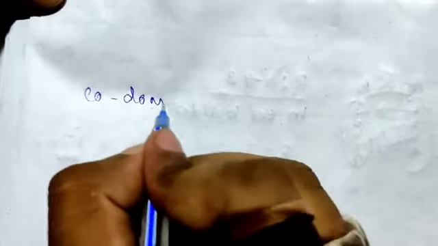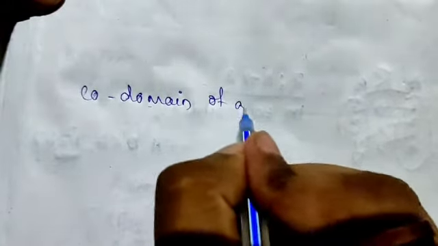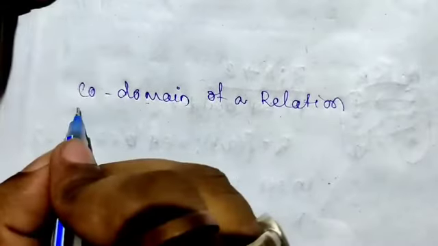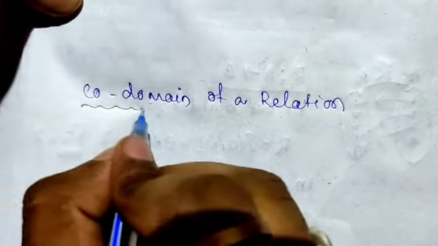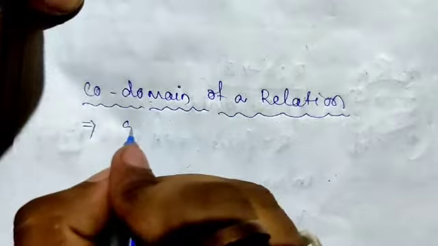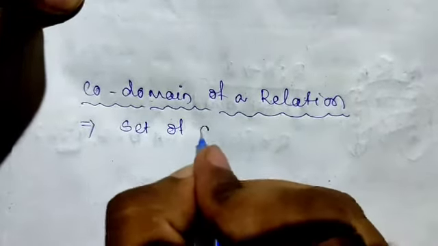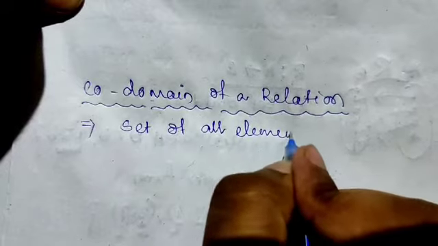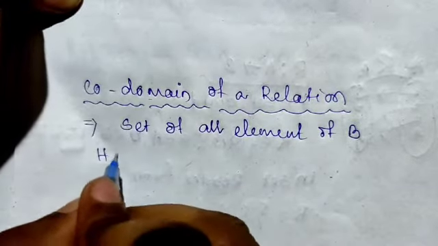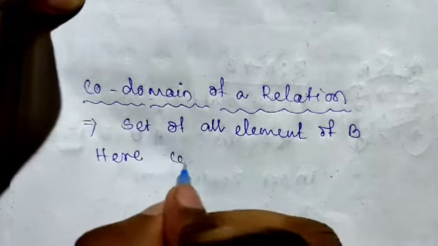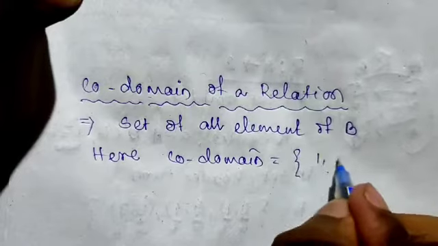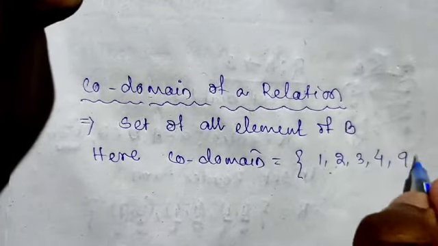Codomain of a relation is equal to the set of all elements of B. Here codomain is equal to set B, that is 1, 4, 9.